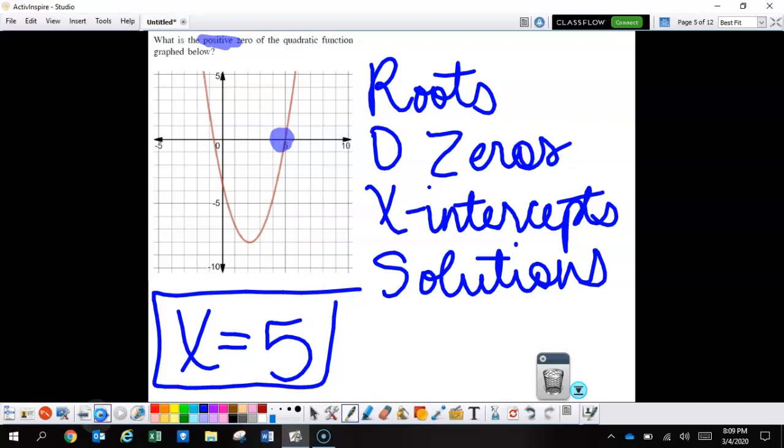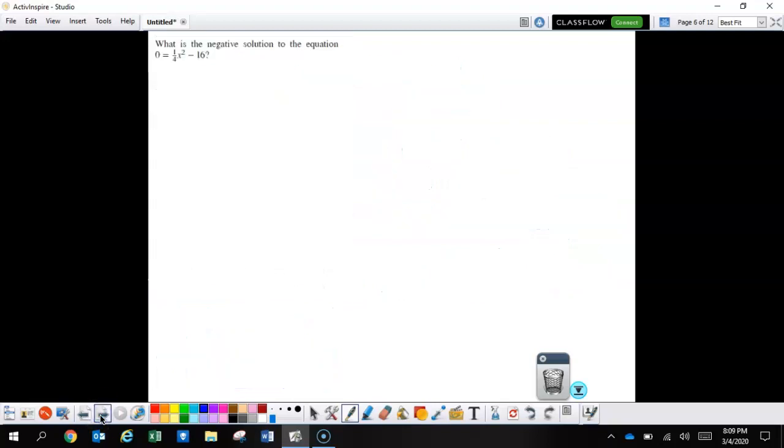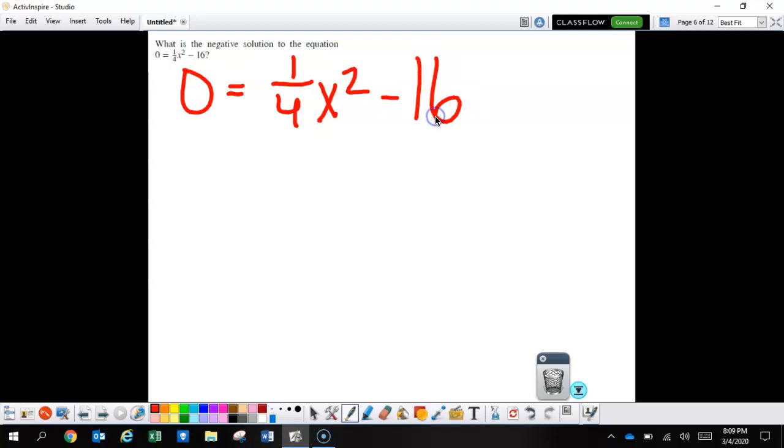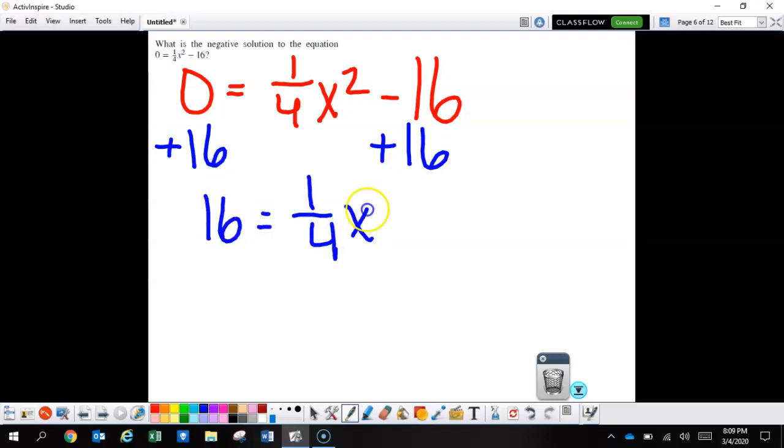Okay, next one. What is the negative solution to the equation? Again, I did this one in class, but if you didn't see it, I can do it again. So 1 over 4 x squared minus 16. So I can add 16 to both sides. So 16 equals 1 over 4 x squared.